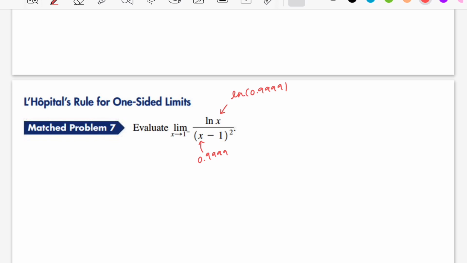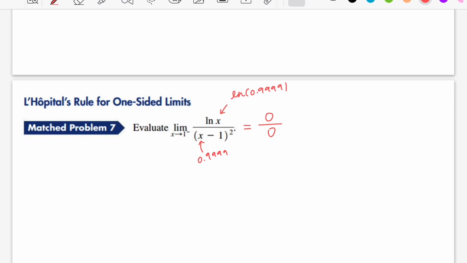So we're just getting really, really close to 1 from the left. And as we're doing this, this number is getting closer and closer to 0, because ln of 1 is 0. And then this guy's also getting closer and closer to 0 as we get closer and closer to 1. So we end up with indeterminate form 0 over 0.